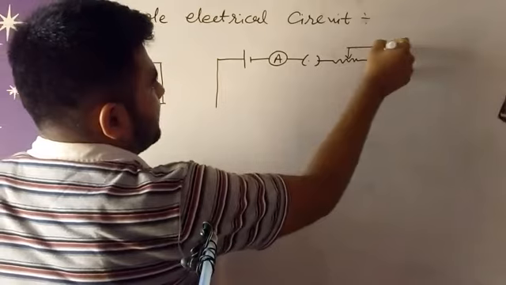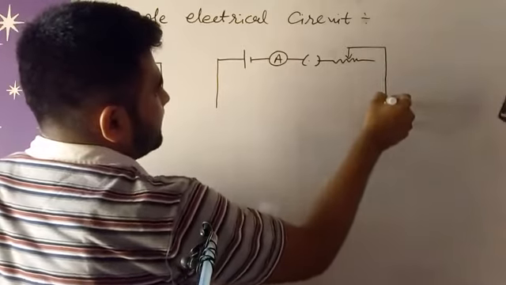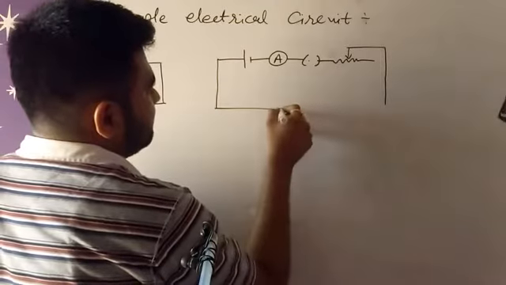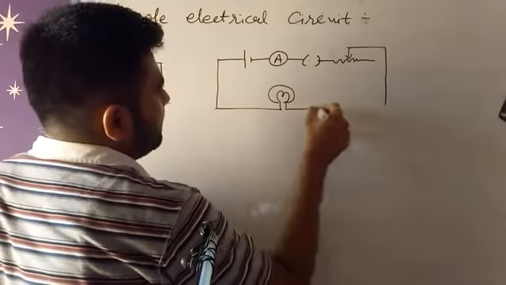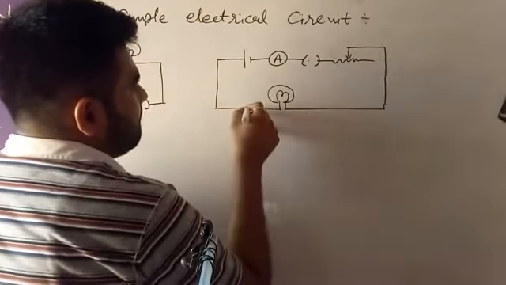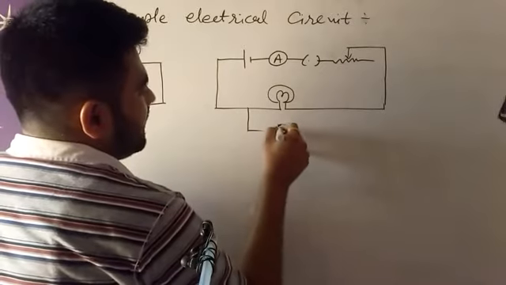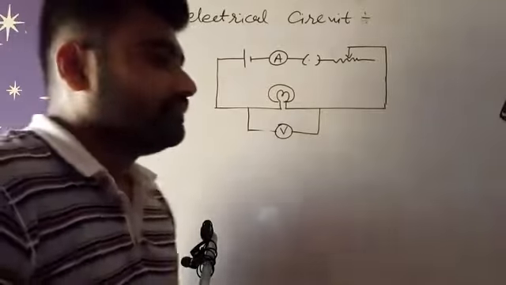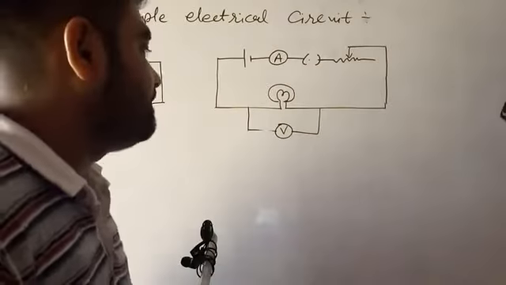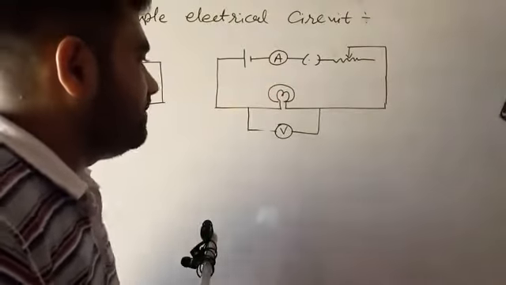Then this rheostat is connected further with one bulb. Here we have one bulb, and parallel to that bulb we connect a voltmeter. Always remember, the voltmeter should be connected in parallel with this bulb, with this load.